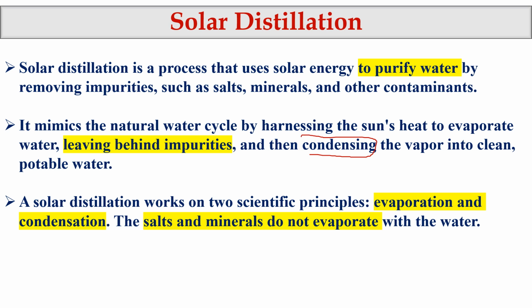In my videos, I always highlight in yellow color whatever things are very important. Solar distillation works on two scientific principles: evaporation and condensation. Simple, evaporation and condensation. By evaporation, it leaves the particles or impurities, and only the water molecules move to the glass surface.